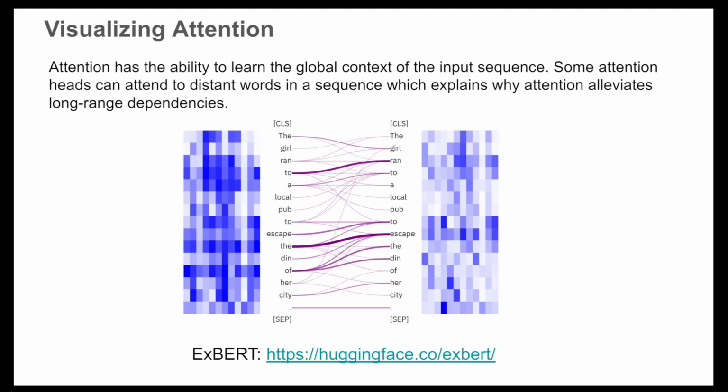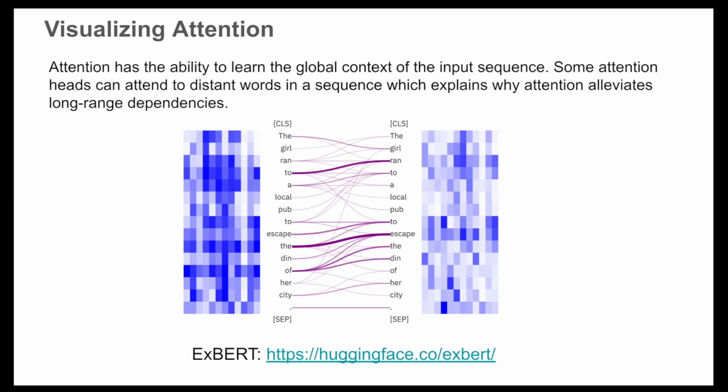And now that we have seen the architecture, let's try to understand attention by visualizing it. Attention has the ability to learn the global context of the sentence or the sequence, and some attention heads can attend to distant words in a sequence, which explains why attention alleviates long-range dependencies.